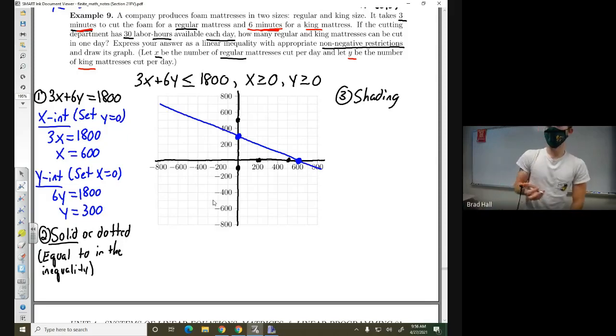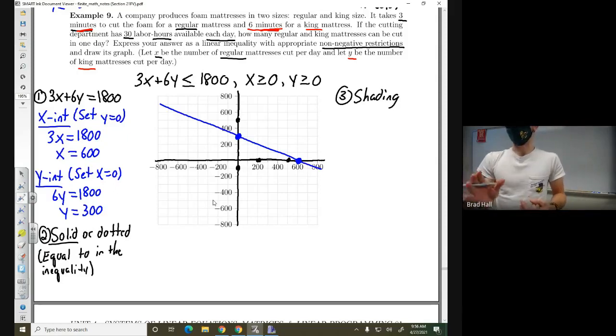So one question we need to ask is, what are our options for shading? Now the non-negative restrictions tell us you have to only focus on the top right. The blue line that we drew in addition to that splits that whole top right region into two regions.